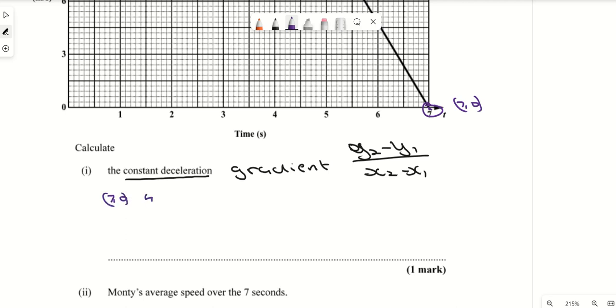Now, after we get 2 points, the 2 points being 7, 0 and then 4.5 and 12, we're going to find the gradient. My gradient, which is my deceleration, would be y2. We choose one to be group 1, and I'm choosing this to be group 2, x2 and y2, and this is x1 and y1.